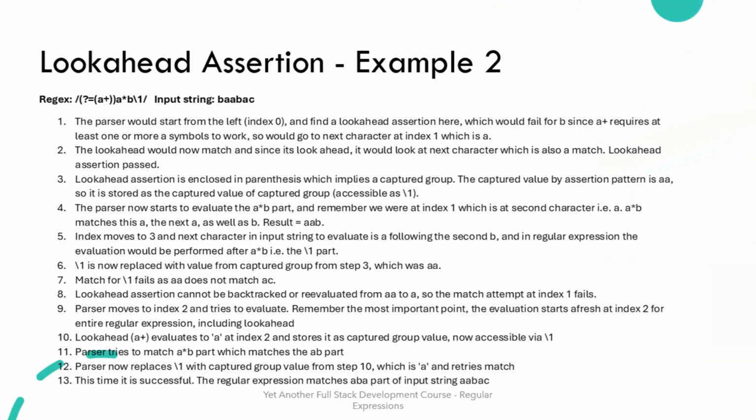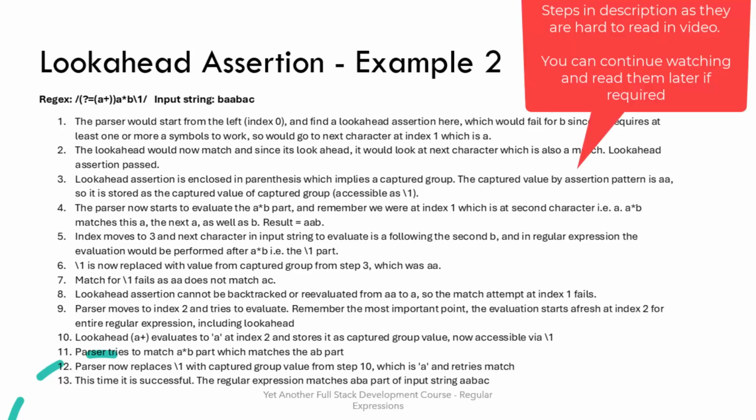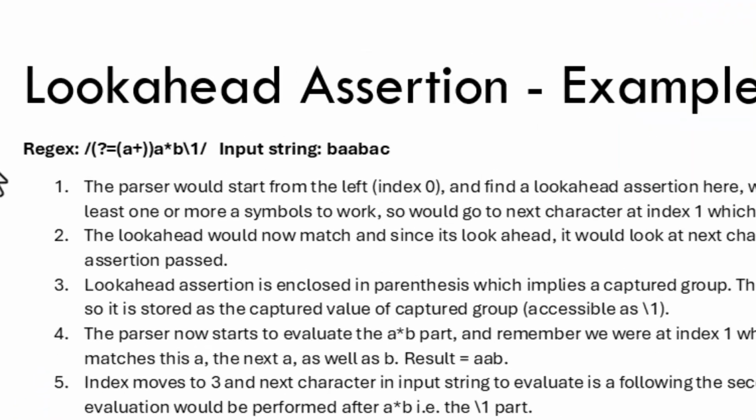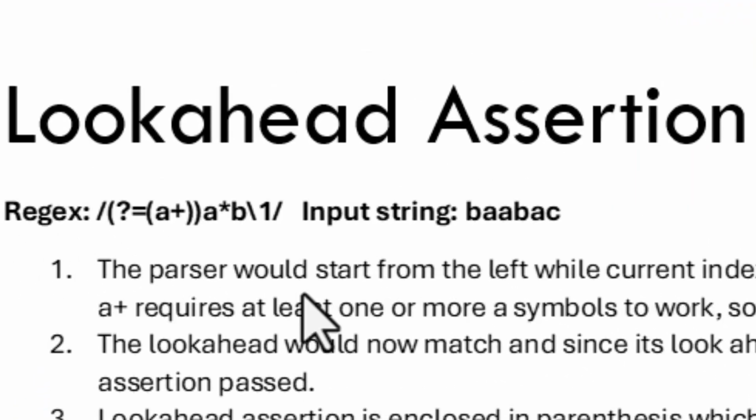Right. To make it even more clear, let's go to our consumption example and hopefully it will make sense in this one. So let's begin evaluating this regex with an input string. The parser would start from the left while the current index in the input string is at 0 and find a lookahead assertion here, which would fail for B as A+ requires at least one or more A symbols to work.